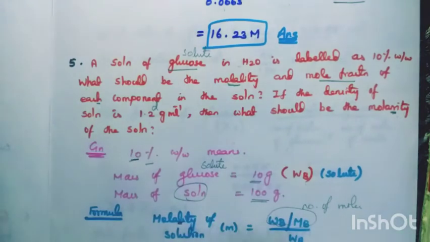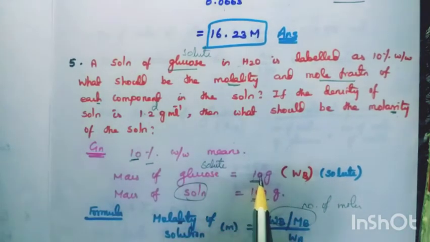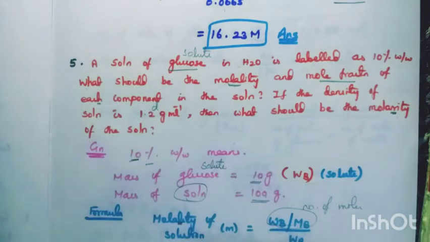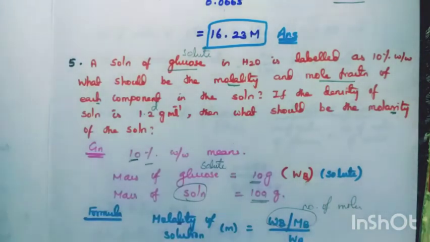So the solvent is 100 minus 10, so 90 gram. You have to write it in kilogram. 1 kilogram is equal to 1000 gram, so 90 gram is nothing but 0.09 kilogram.